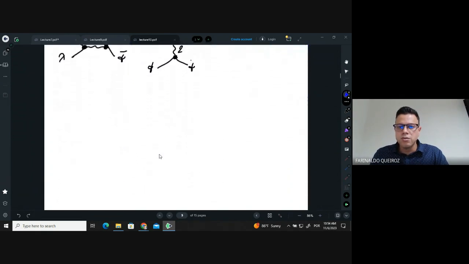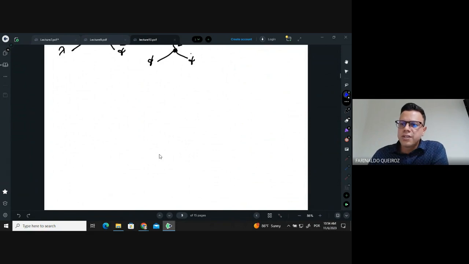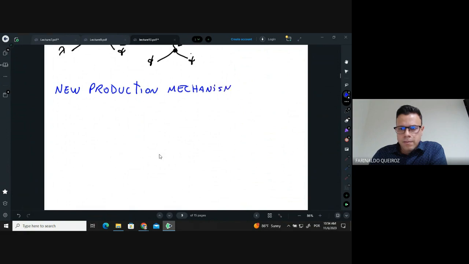For instance, there are scenarios in which you have a new production mechanism of dark matter.